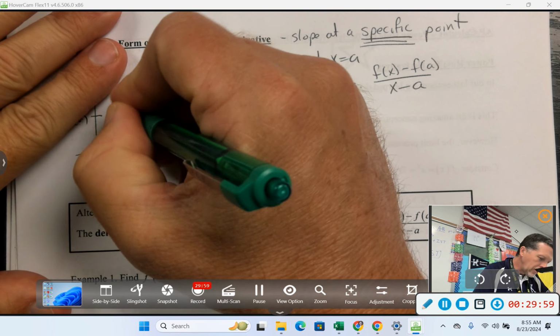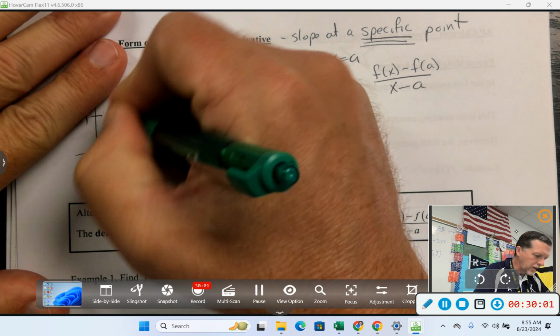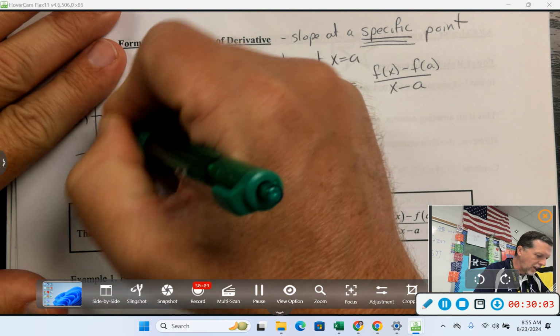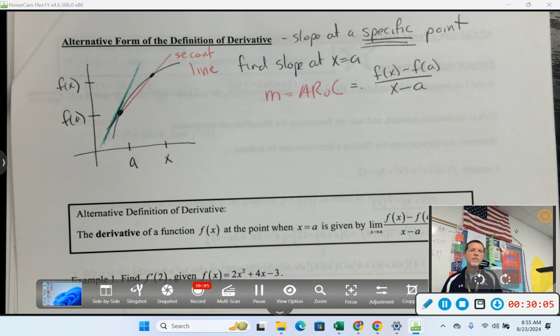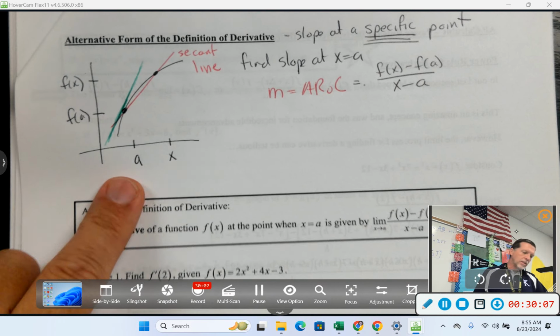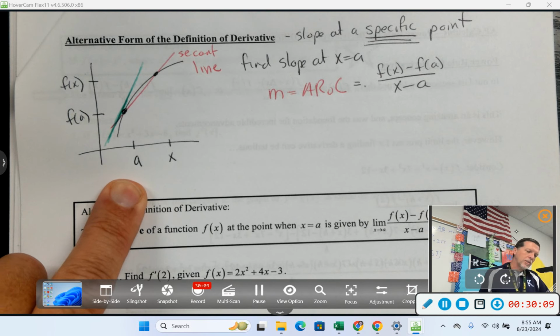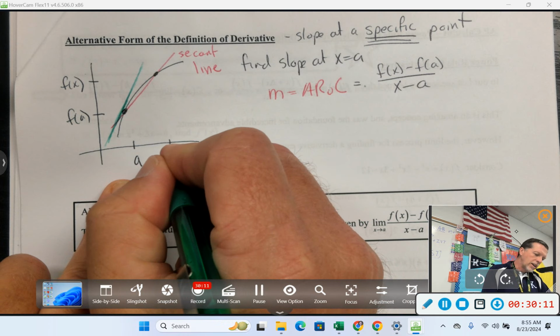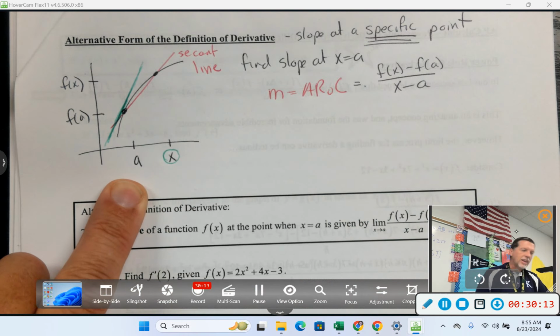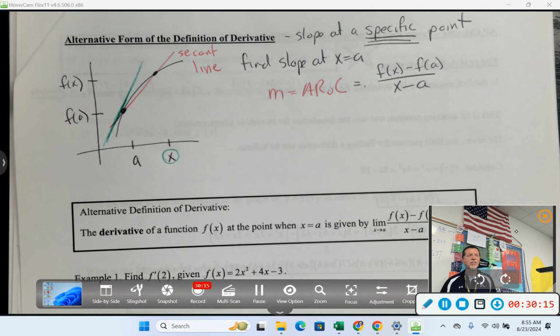But again, we don't really want the slope of a secant line. That's Algebra 1 stuff. We want the slope of a tangent line. So I want A to stay the same spot. I want the slope at A. So what could I do with x to make my secant line get closer to my tangent line? Where could I move x?